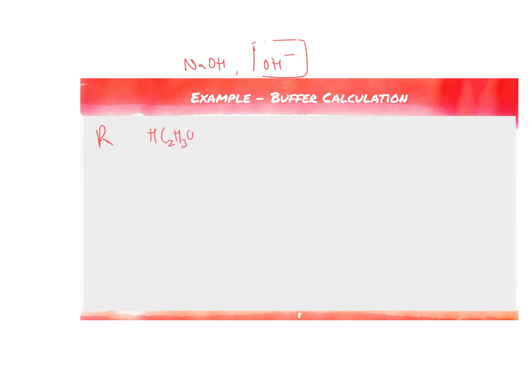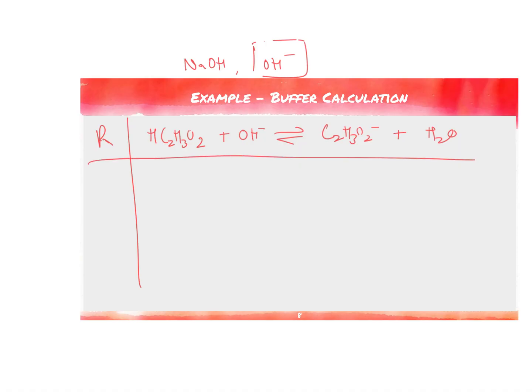That's our weak acid. It reacts with OH minus, and it's just an acid-base reaction. We get C2H3O2 minus plus H2O. That's our reaction initially. If we go back to the last slide, we're told that we added 0.300 moles of this.